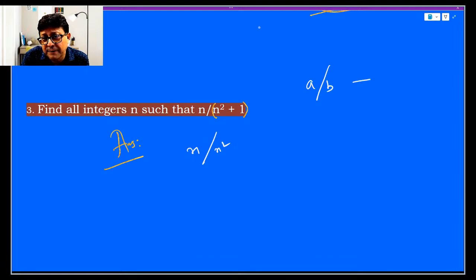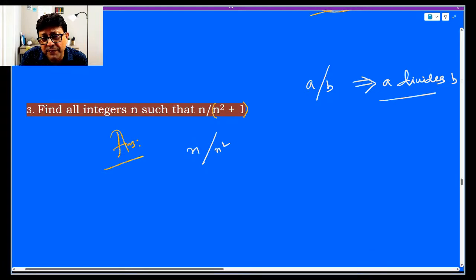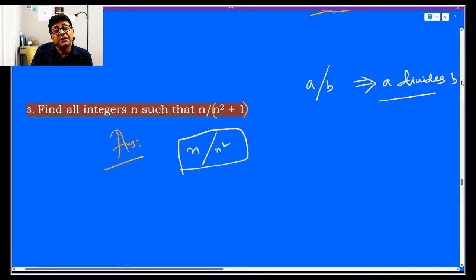A divides B. This statement implies A divides B. So here n always will divide n square. 2 will divide 2 square. Minus 2 also will divide minus 2 square. 5 divides 5 square. Like that, n will always divide n square.